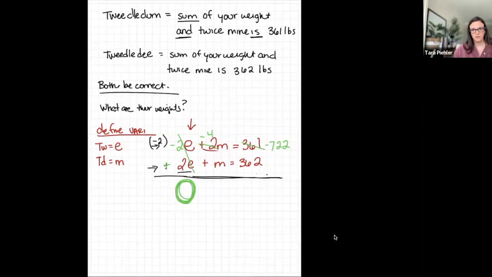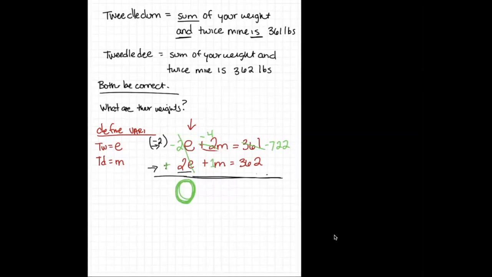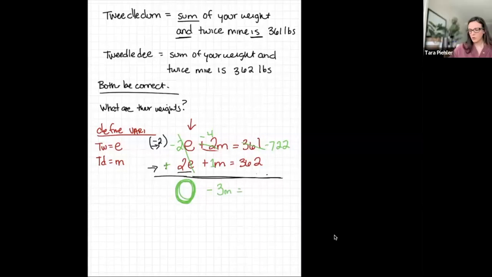That's the elimination method. Now we only have one variable. So now it's -4 plus 1, and we have 3m. -722 plus 362.